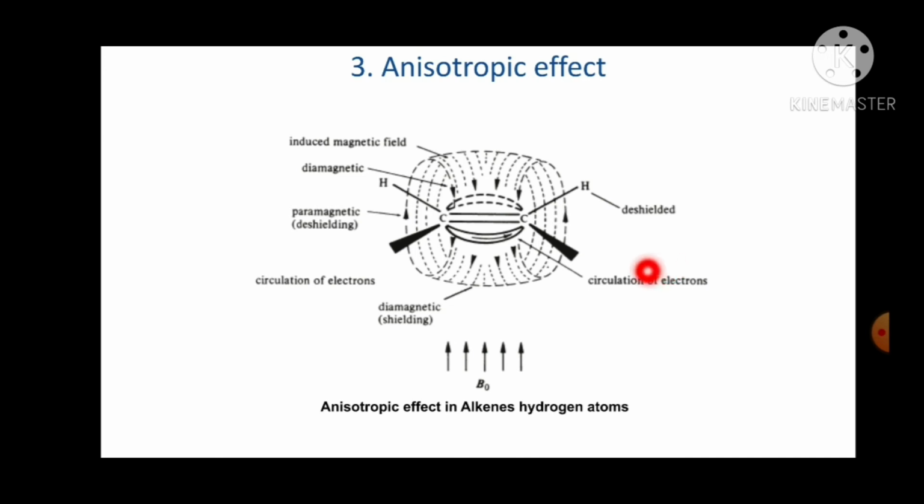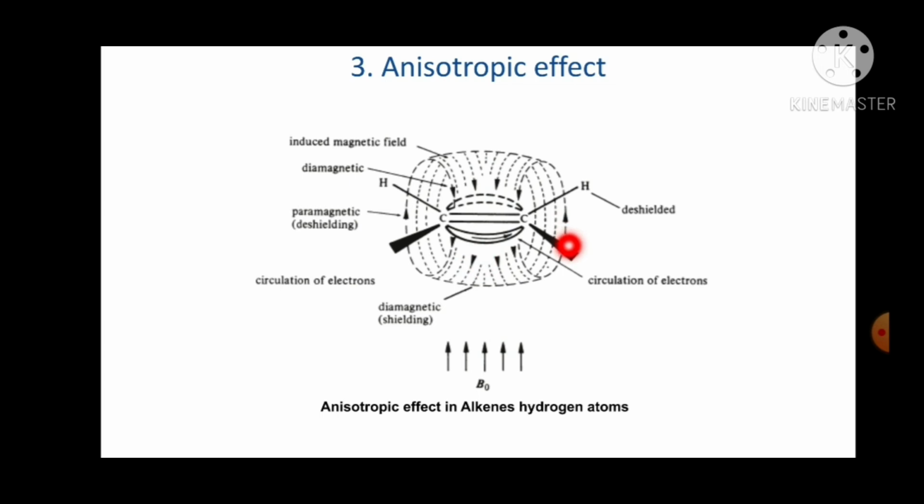This is another figure which explains the anisotropic effect on hydrogen atoms connected to a carbon-carbon double bond, or alkene. This is exactly what explains why the protons of alkenes appear in a deshielded zone. The carbon-carbon double bond is opposing the applied magnetic field, which is a shielded zone.